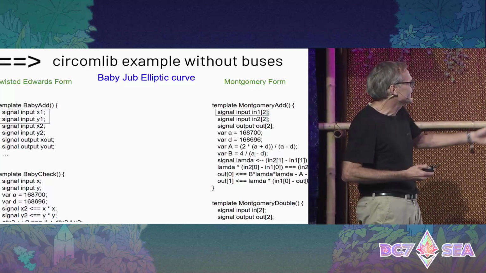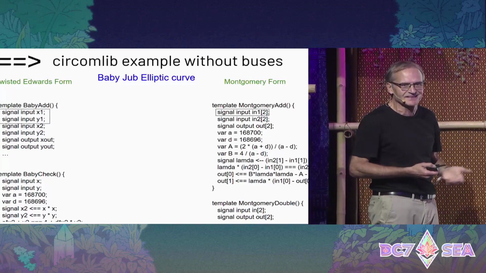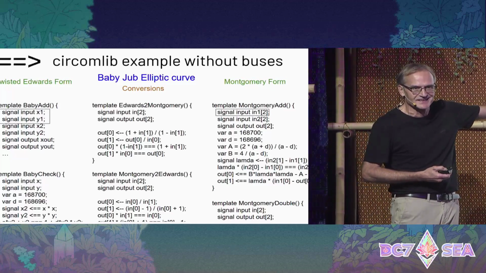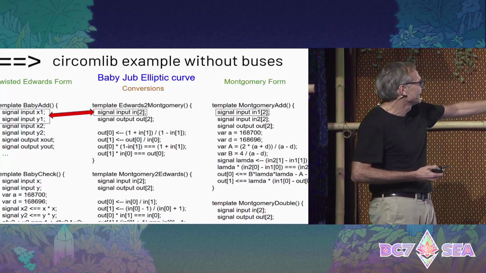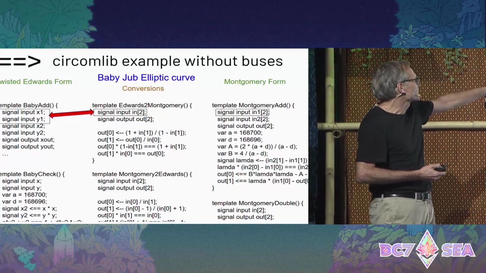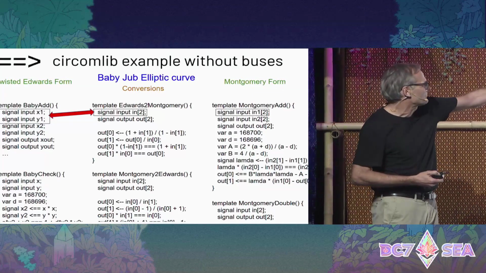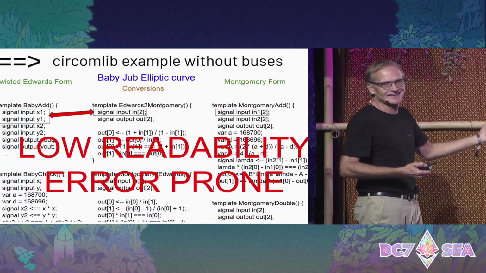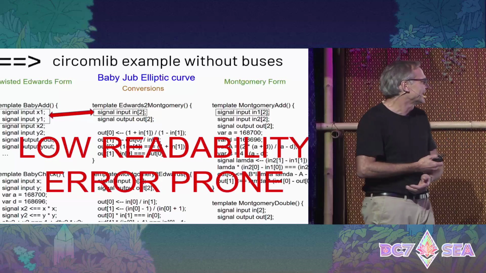And then you see there is kind of a mismatch, but well, who cares? And then you also have the conversors as circuits, and you see here we are using the Edwards form as 2 signals, and in the other part as an array of 2 signals. Okay, so altogether, it's low readability and error prone.